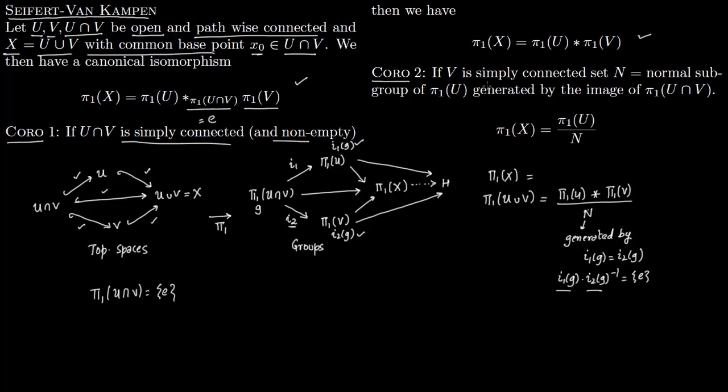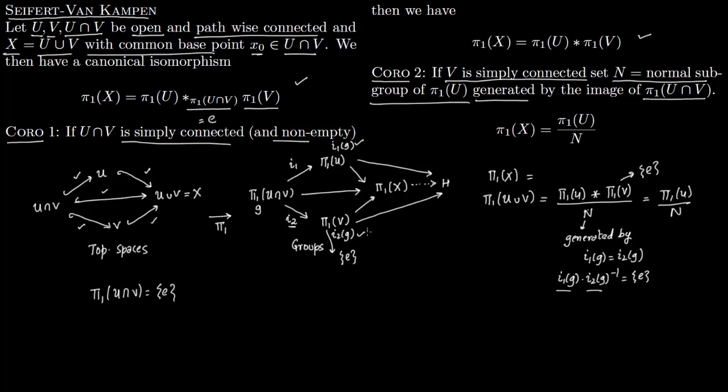Corollary 2 is if V is simply connected. Now in some cases this V would be simply connected, so its fundamental group would be just the identity. So in this case, this pi1V becomes identity because V is simply connected. Then you still have this N left, the normal subgroup of pi1U, because now this will become pi1U by N. Then this N is generated by the image of pi1 of U intersection V. So you no longer have the amalgamation because there are no elements in pi1V.